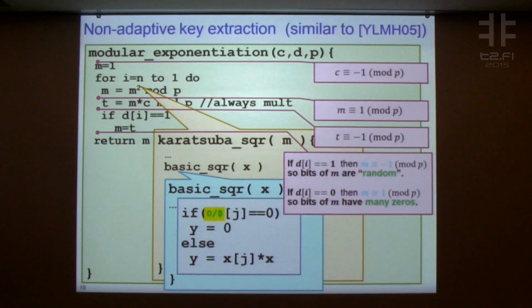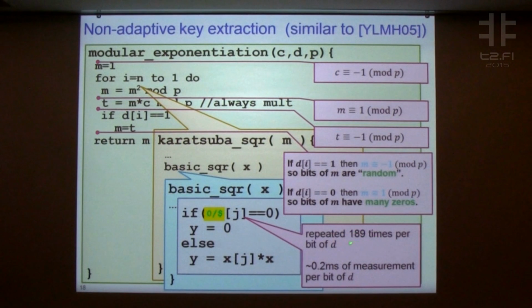So this if happens 7 times per call to the basic squaring routine, and the basic squaring routine is called 27 times per call to the Karatsuba squaring routine. So in total, we have 189 times that this if is either taken or not taken per bit of d. And this is 0.2 seconds of measurement. And this is something we can observe. It can be measured.